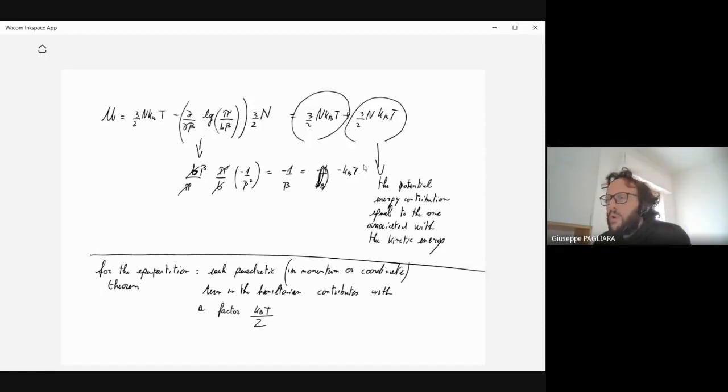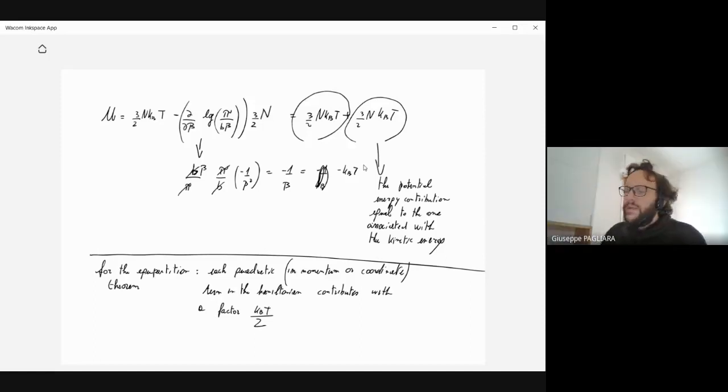Instead of computing the volume of a hypersphere in 3n dimensions, I would have to compute the volume of a hypersphere in 6n dimensions. But the formulas are basically the same. The difference becomes clear when the potentials are not of quadratic form, because in that case the volume in phase space of the microcanonical ensemble is more complicated.